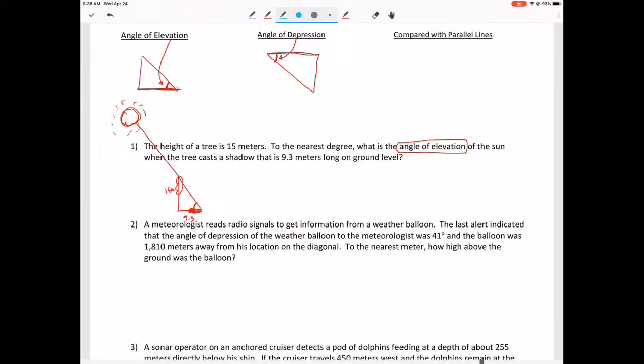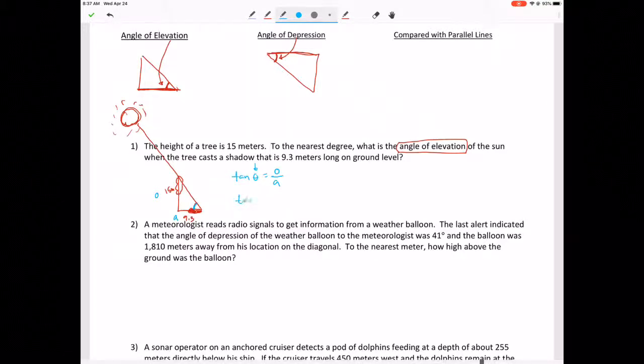If that is our reference angle, this would be our adjacent and opposite. And which of the SOHCAHTOA uses opposite and adjacent? It would be tangent. So tangent of your angle is opposite over adjacent, and we want to find this part.